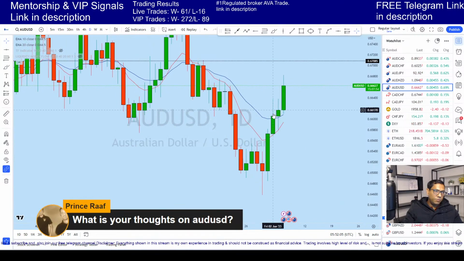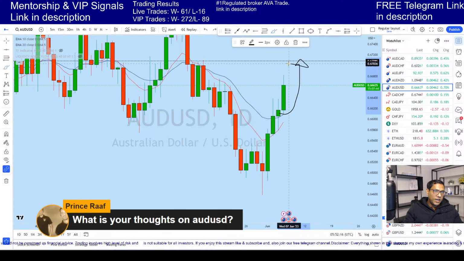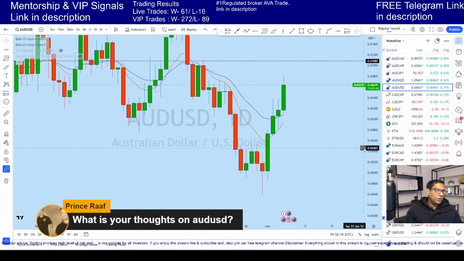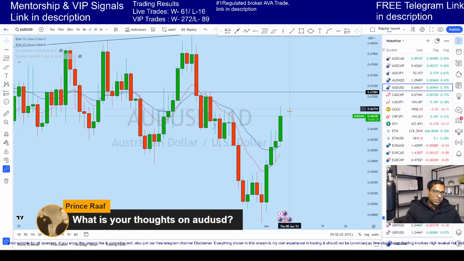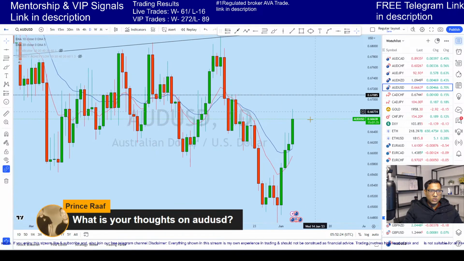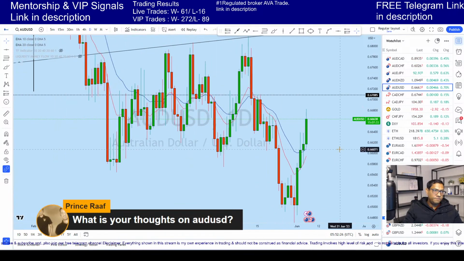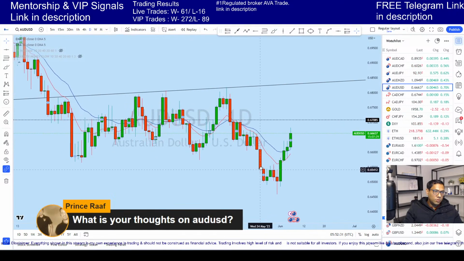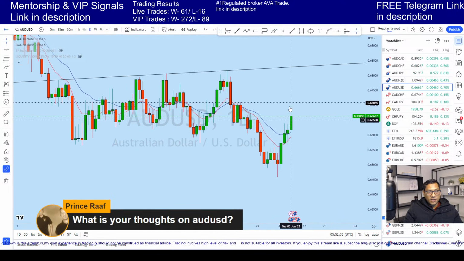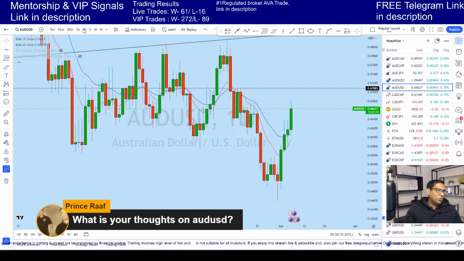The previous day there is a middleman here that has a long wick at the top and bottom, so we can expect, as we see that the bullish move started, AUD USD moving up further. And we saw there is a double bottom, and also the fundamental is supporting, so we could see AUD USD moving to the upside.